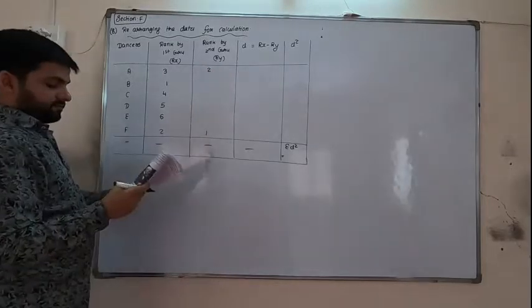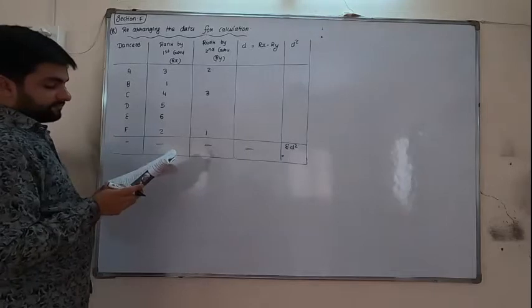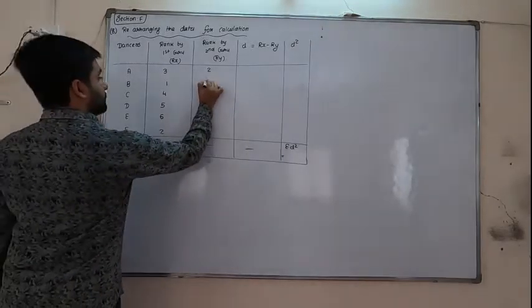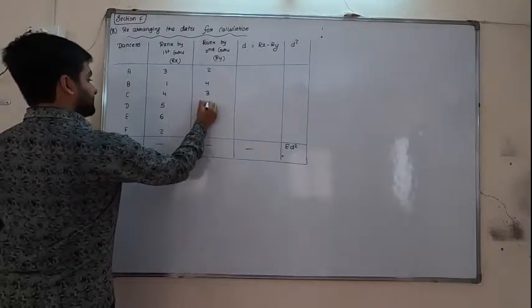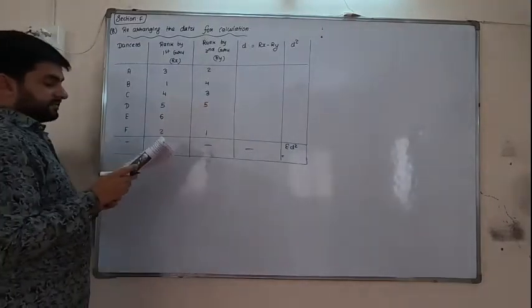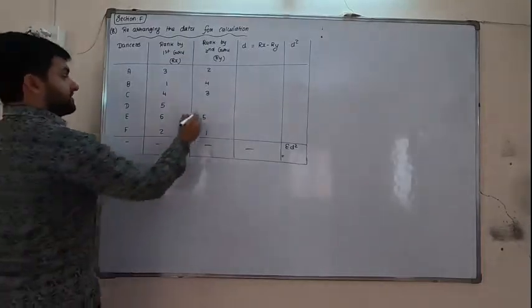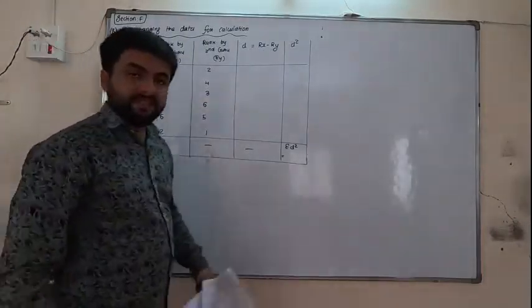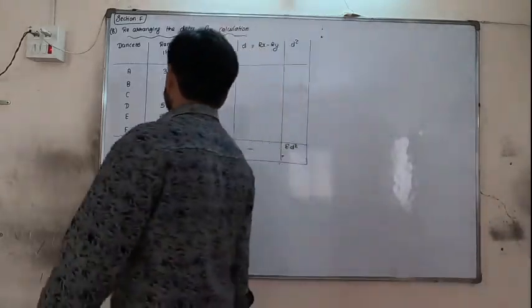C is 3, B is 4, E is 5, sorry, E is 5, and D is 6. So very easy. Just what the ranks are written, we have to write only that thing, nothing else.